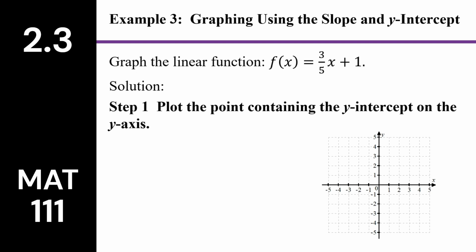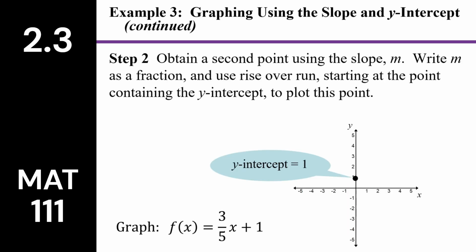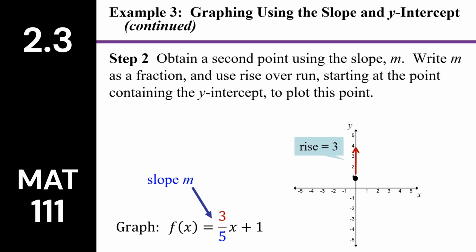The first step will be to plot the point containing the y-intercept. Since the y-intercept is 1, on the y-axis we put a point that is plus 1, that is, up 1. We then need a second point, so from that point, we'll use the slope. The top number is the rise, so from the point we just plotted, we go up 3, and then from there we use the run of 5, which means we go to the right 5.